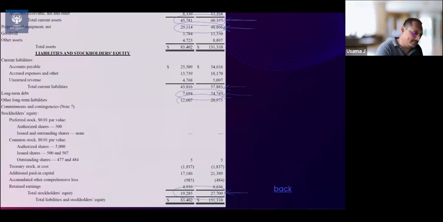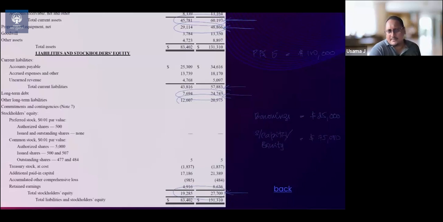So let's simplify that a bit. Let's say I have property, plant, and equipment of $100,000. As an analyst, where would I go next? I would like to see the liability and capital side of the balance sheet. On the liability side, it is telling us I have borrowings of 25,000 and share capital or equity of another 75,000.